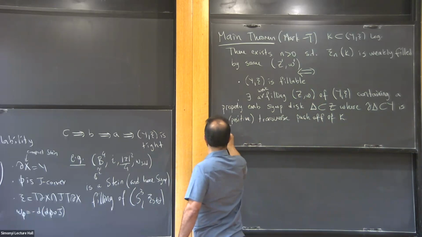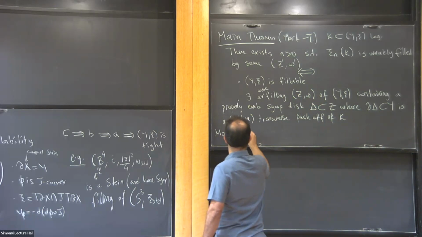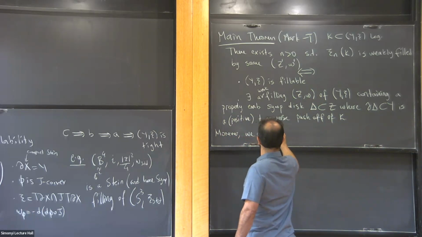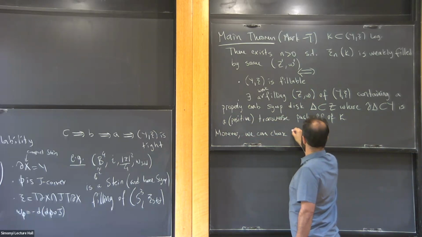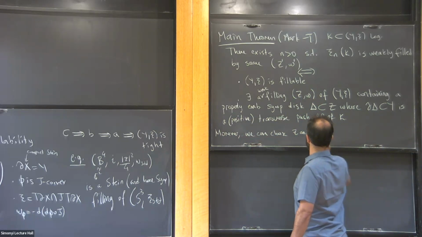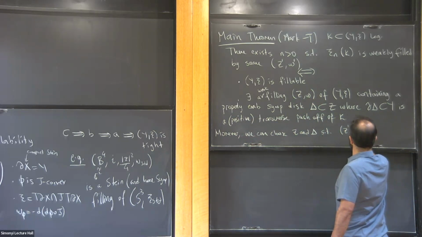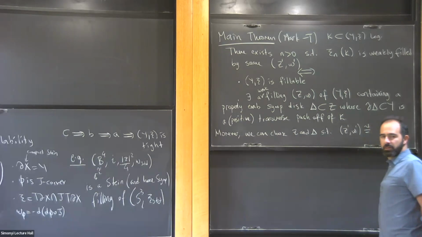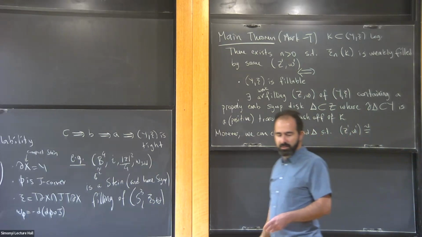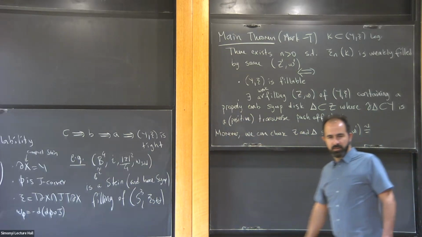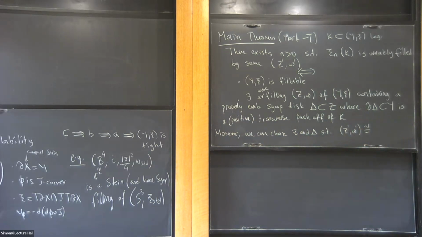Moreover, we can choose Z and the symplectic disk Δ such that this (Z', ω')... If I look at the disk, the boundary of the disk nearby, I would first say take a disk which is bounded by K. And then I have this band around, and that is what one uses, and then extend it.